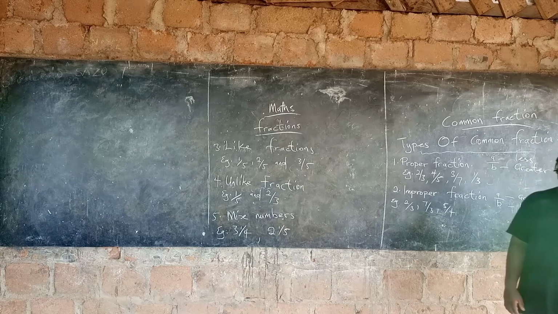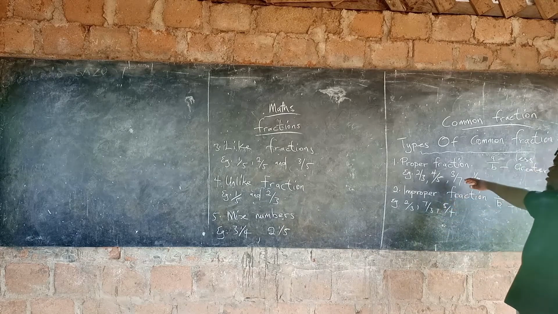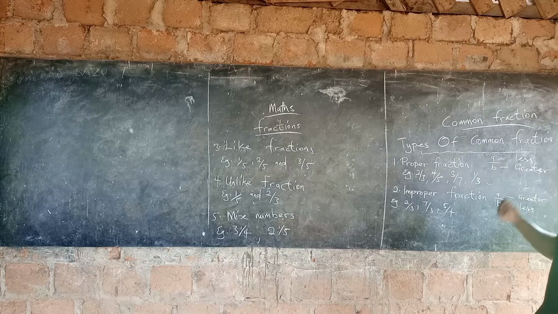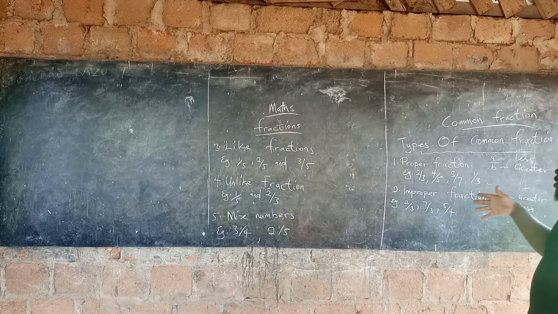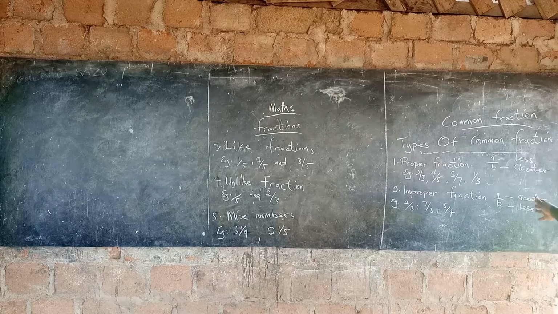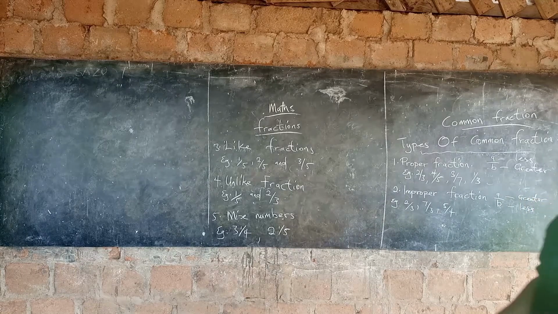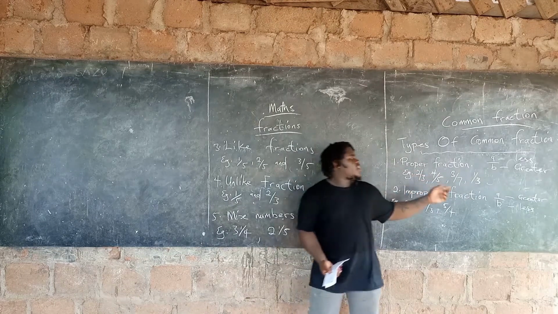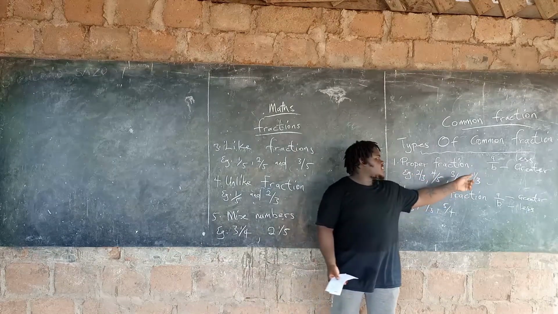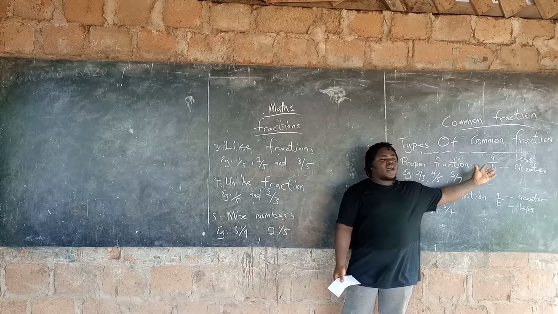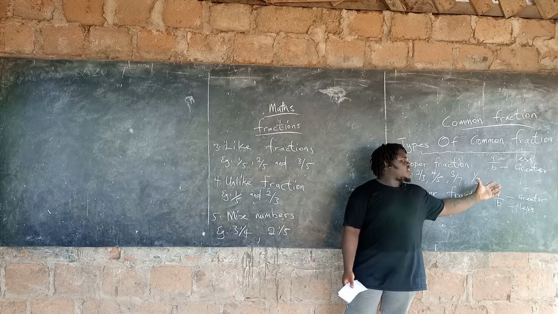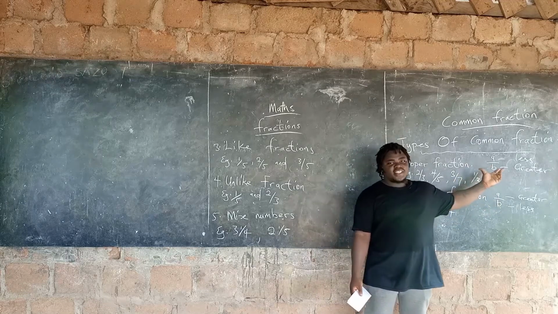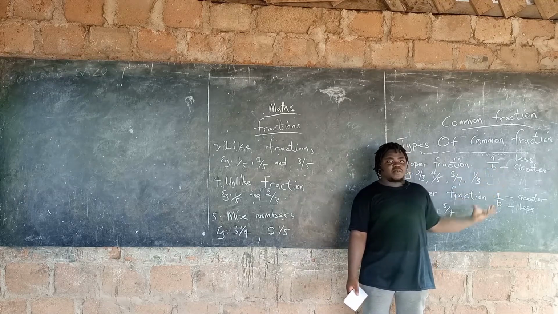Now let's continue. So now I want us to continue with types of common fractions. We have 5 types of common fractions. The first one is proper fractions. Like you can see, the top ones are lesser than the bottom ones. I mean that the numerator is less than the denominator.